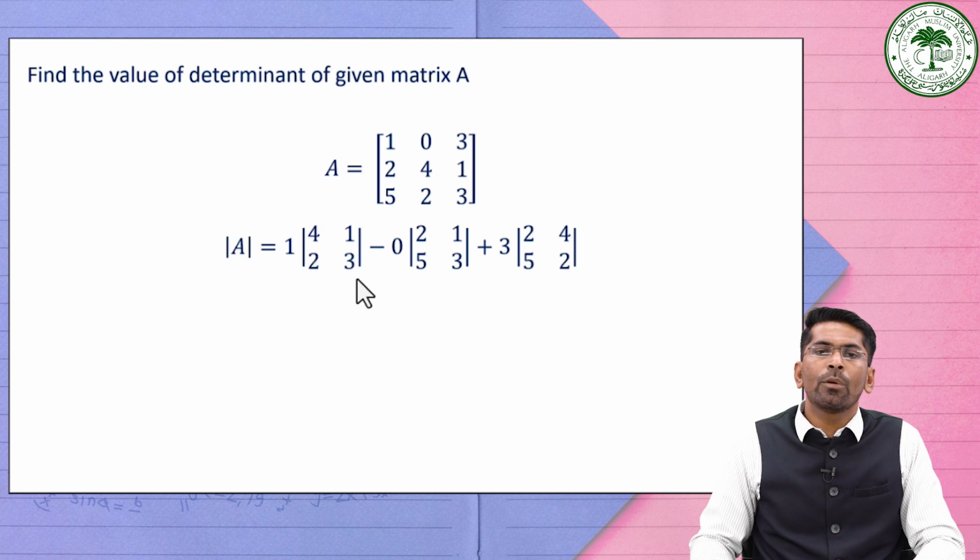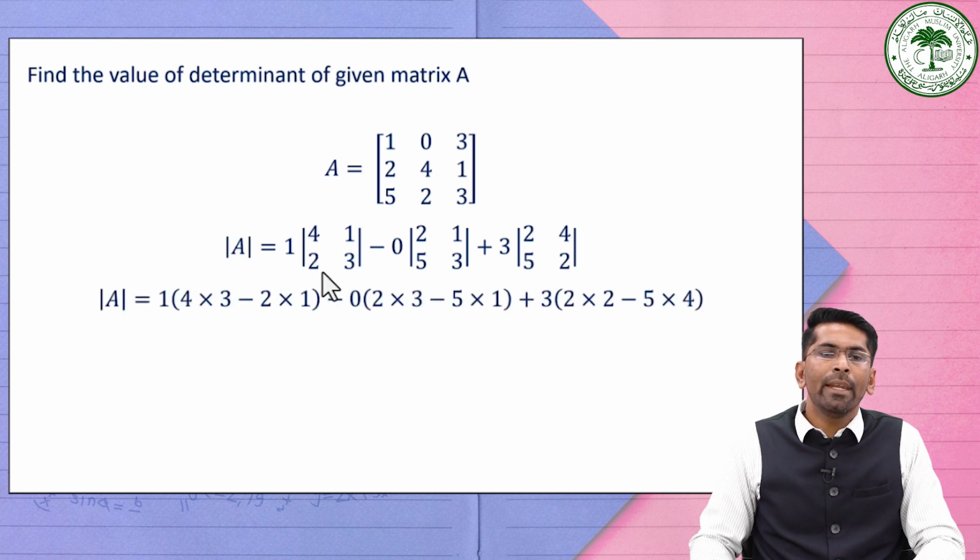Now we cross multiply here: 1 into (4 into 3 minus 2 into 1), minus 0 into (2 into 3 minus 1 into 5), plus 3 into (2 into 2 minus 5 into 4).